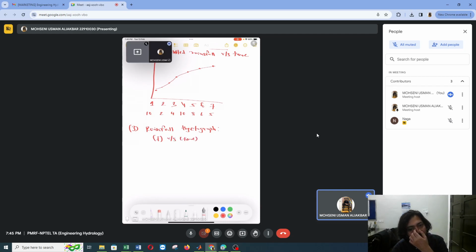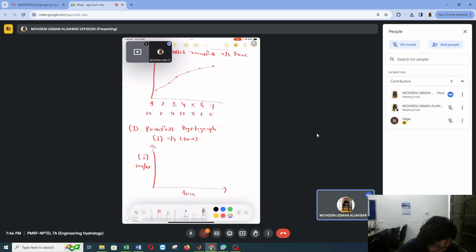Rainfall intensity means how much rainfall is accumulated over a certain period of time. It could be mm of rainfall per hour, or centimeter of rainfall per day, right? That kind of plot gives us the hyetograph: intensity versus time. So here the unit would be centimeter per hour, because you are plotting intensity of rainfall versus time.